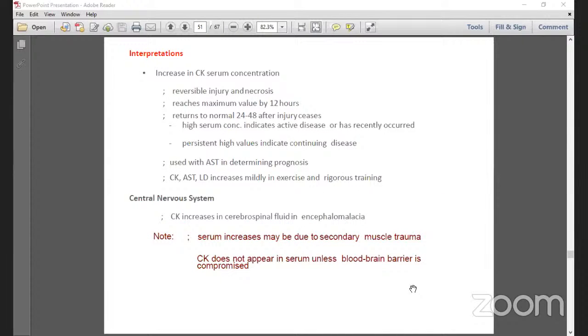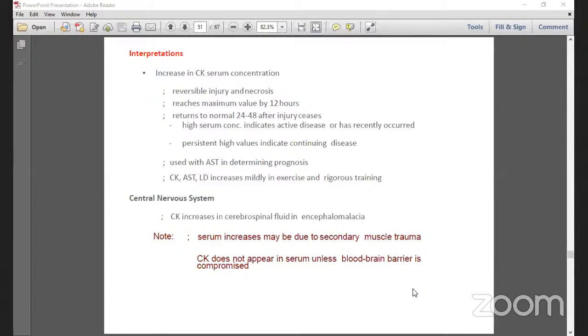An increase in CK serum concentration may indicate reversible injury and necrosis of the muscle. It reaches maximum value by 12 hours and can return to normal 20 to 48 hours after the injury ceases. It can be used together with AST in determining the prognosis.